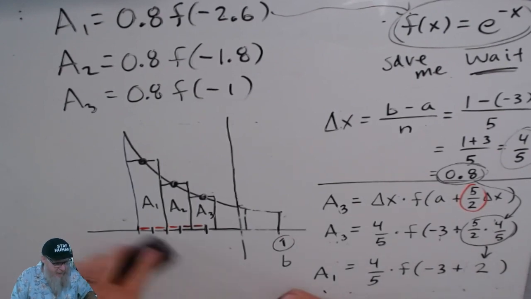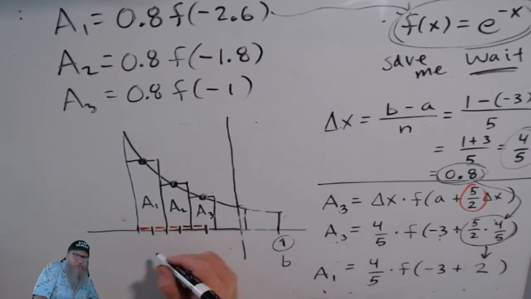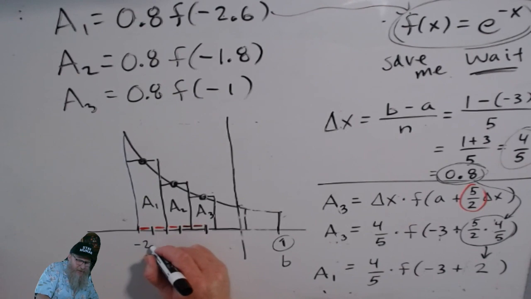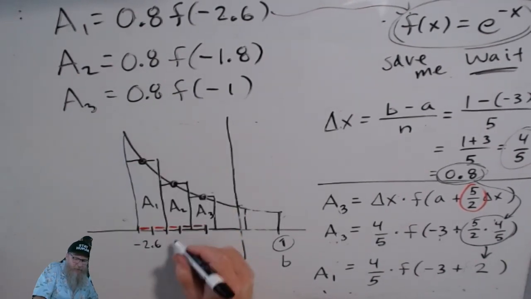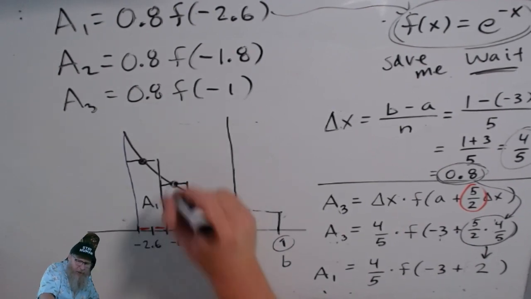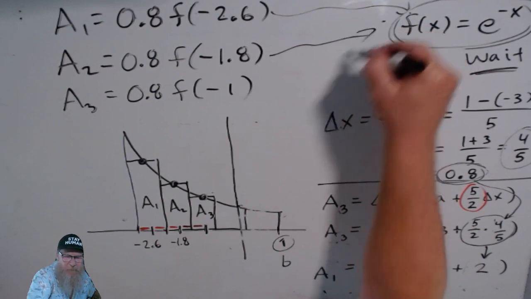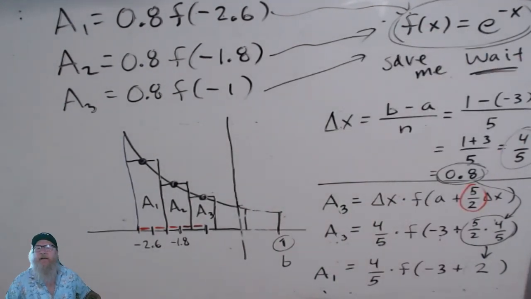I could label all of these. Why don't I do that for you while we're digesting what I just said? So this midpoint is negative 2.6, and then I plug it in to find the roof. The next midpoint is negative 1.8, and then I plug it in to find the roof. Notice I'm waiting to plug it in until I've got them all lined up. You could plug them in as you go.